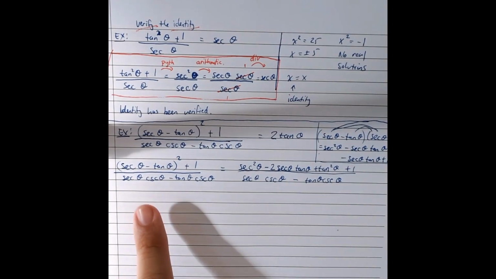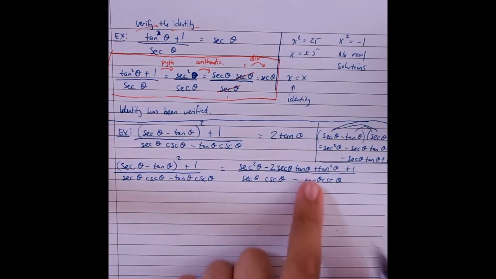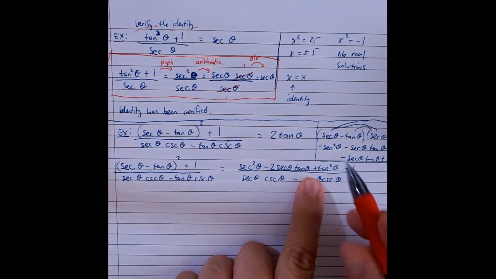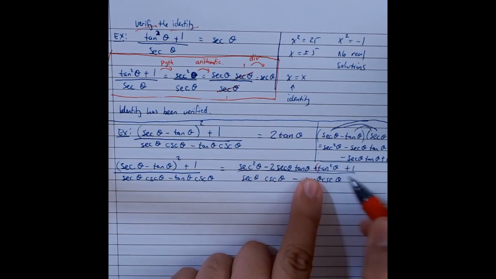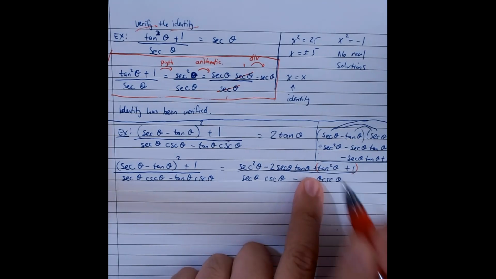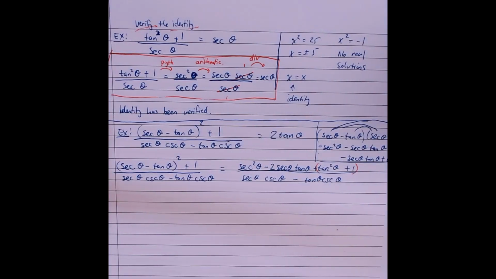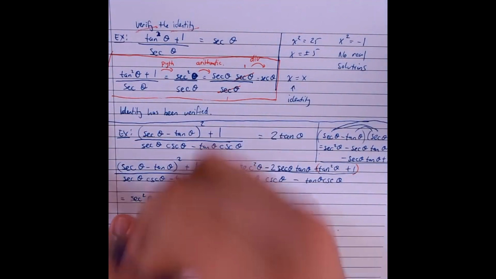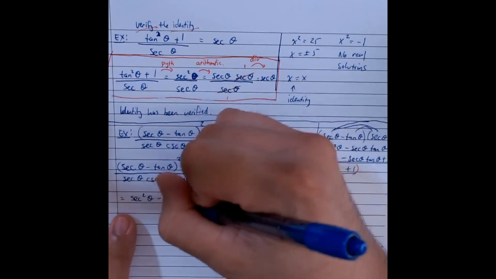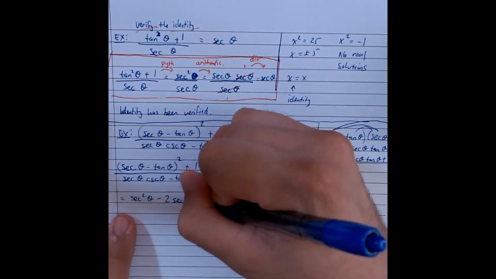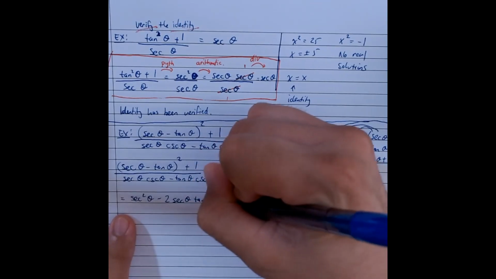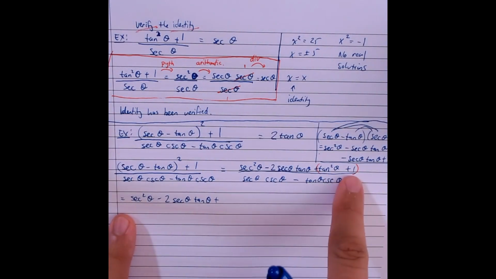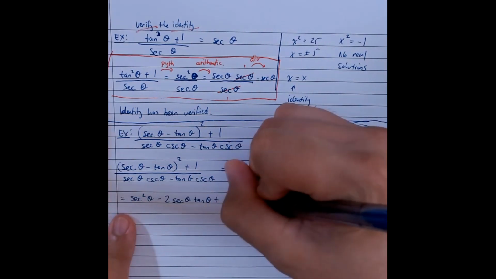Now, I do recognize a Pythagorean identity. I didn't before, but now I note that tangent squared of theta plus 1 is secant squared of theta. So I'm going to take this part right here and replace it with secant squared of theta. All right, so now I'm left with secant squared of theta minus double secant of theta tangent of theta plus, and then that part there becomes secant squared of theta.